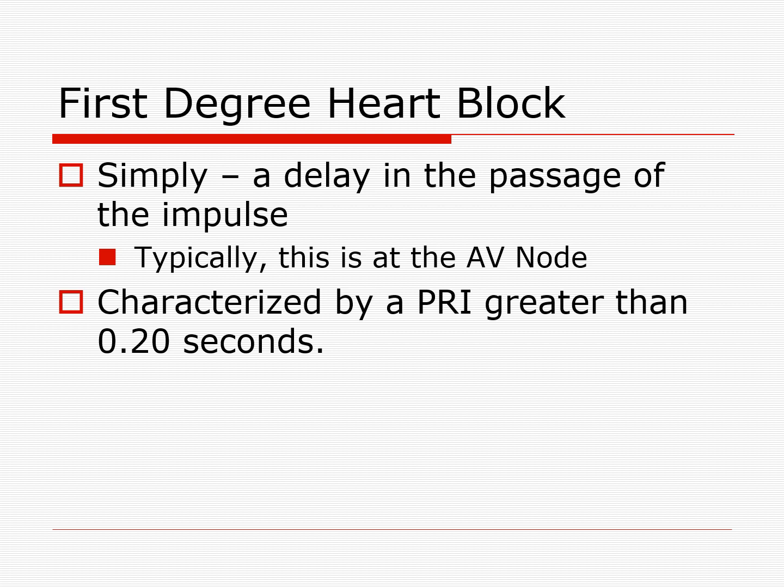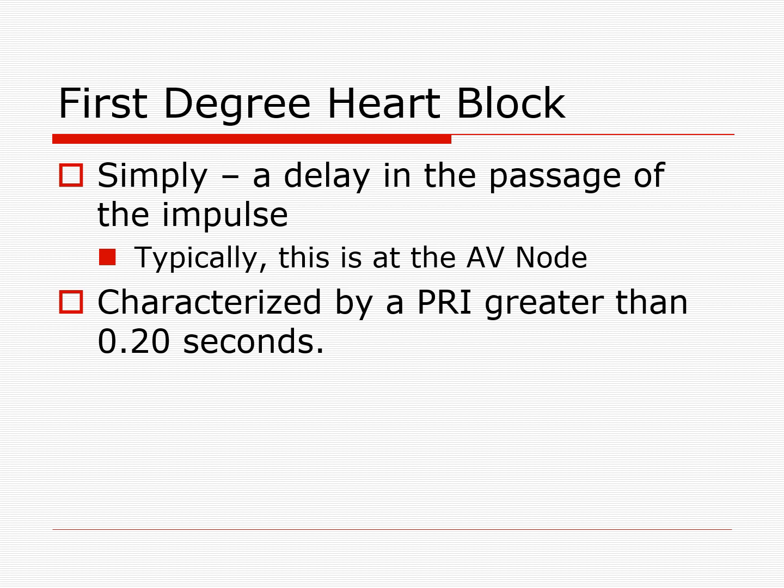In first degree heart block, the wife is waiting at home and the husband comes home late every night. But he always comes home, at the same time every night. It's a delayed time. So that's your first degree heart block.